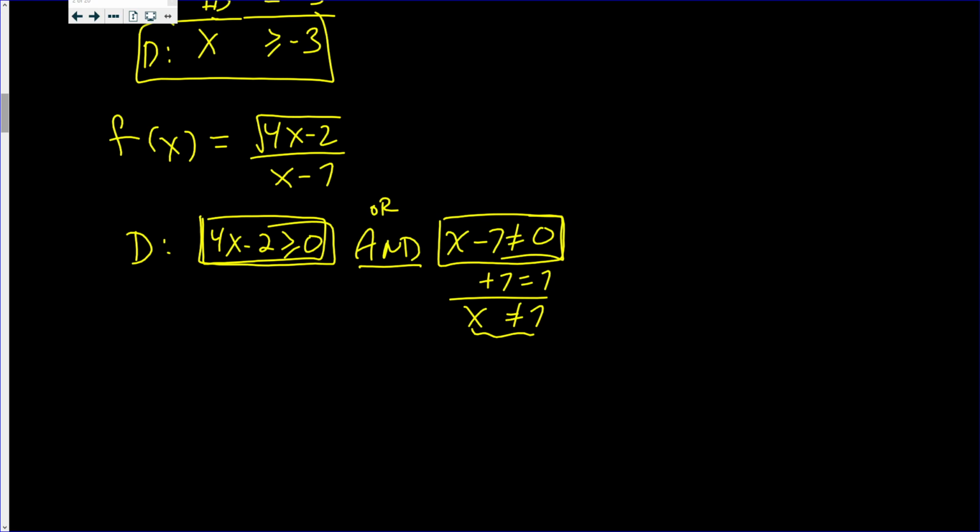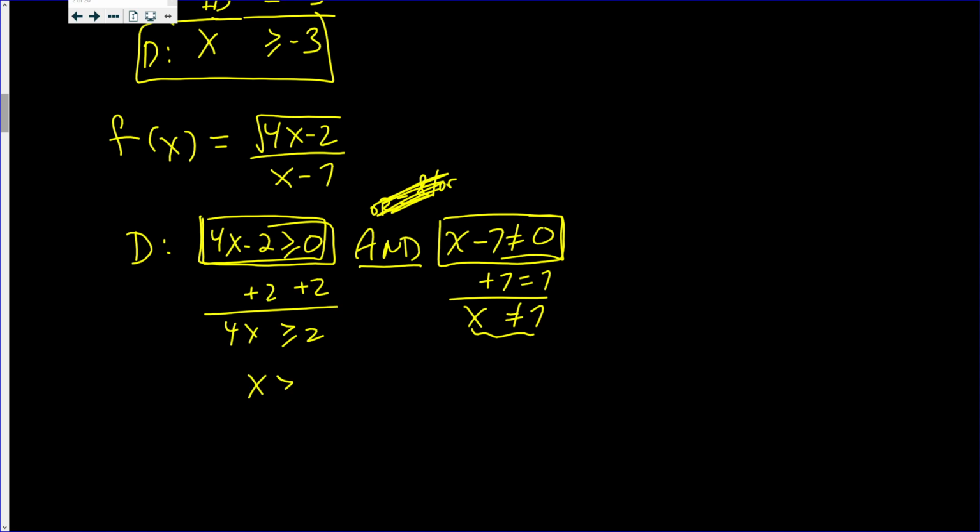In mathematics, or means "and/or." But we don't have an or. We have an and. If I add 2 to both sides, then 4x must be bigger than 2.